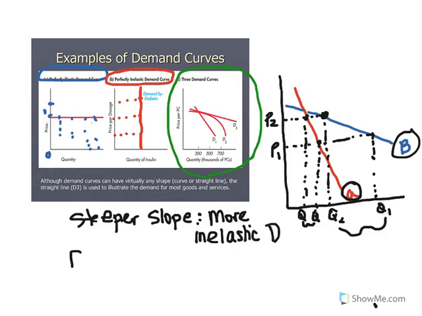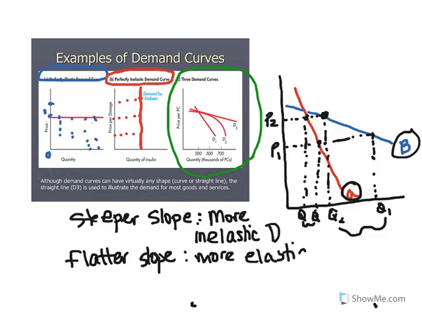And the flatter the slope, or I should say the less steep, the more elastic the demand becomes. So again, just by looking at the slope, you can see that the demand for A is much more inelastic than the demand for B.